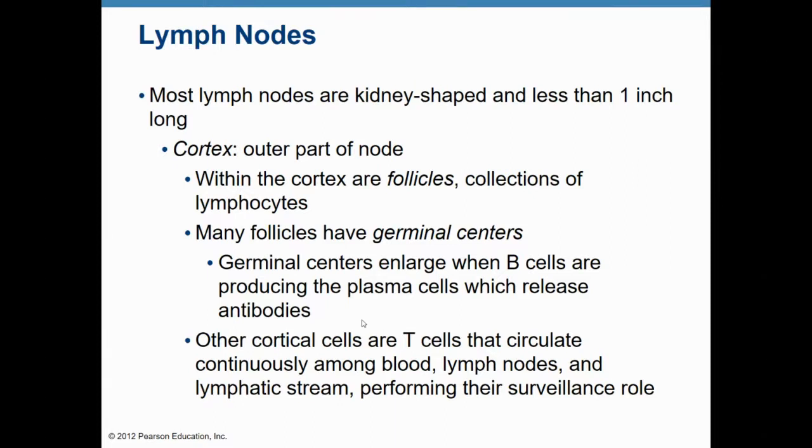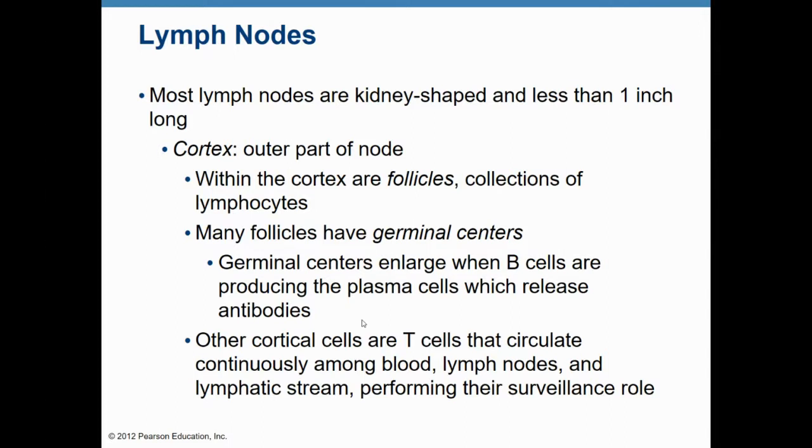So it's a lighter staining central region of the follicles where B cells will multiply and form what we call plasma cells. And plasma cells are mature B cells that are secreting antibodies in response to some foreign invader. The outer cortical cells are going to be T cells that are going to circulate continuously between the blood, the lymph node, and the lymphatic stream.